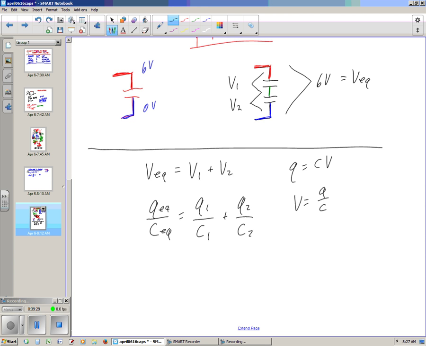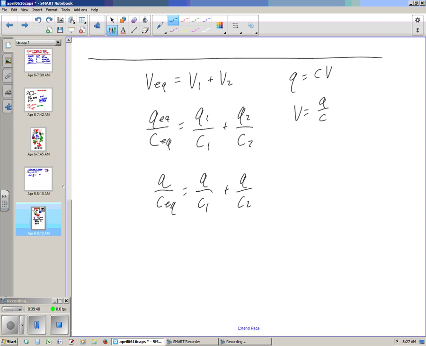I'm just going to knock off all the subscripts and write it as Q over C equivalent equals Q over C1 plus Q over C2. Now, it's obvious that there's a Q in every term, so we could divide the whole thing by Q, and what we're going to end up with is 1 over C equivalent equals 1 over C1 plus 1 over C2. That's the equation we're looking for.